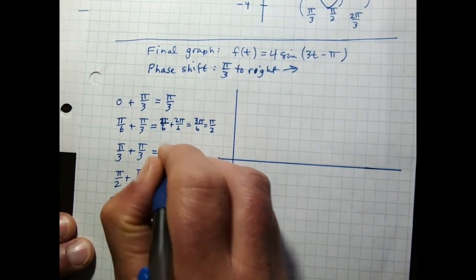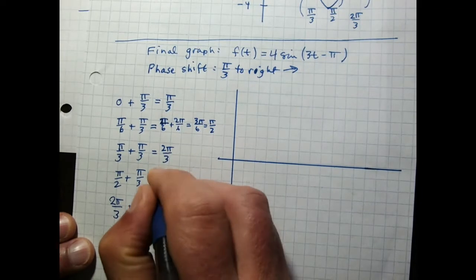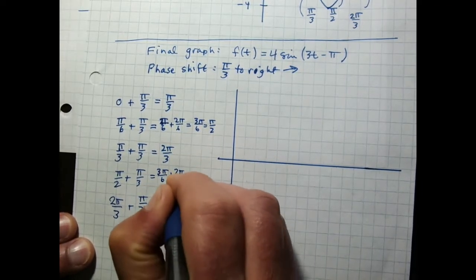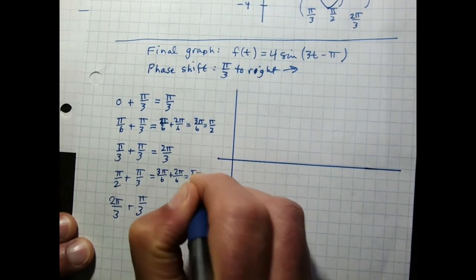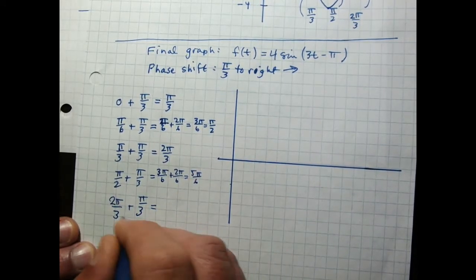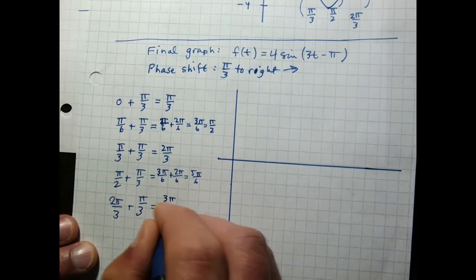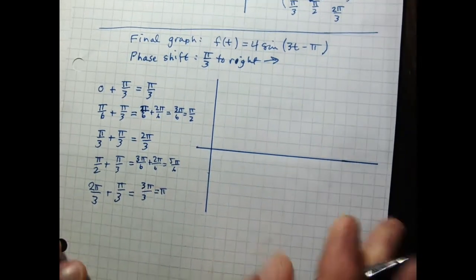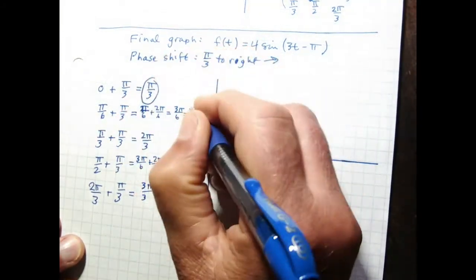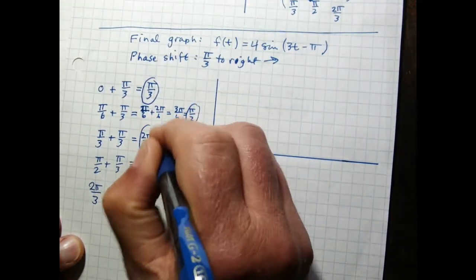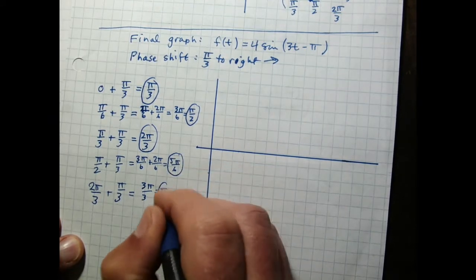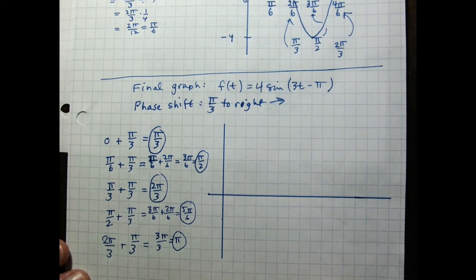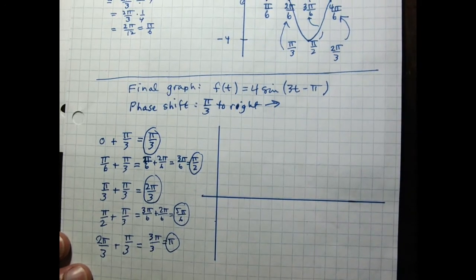Then I get 2 pi over 3. Then I get 3 pi over 6 plus 2 pi over 6 is going to be 5 pi over 6. And 2 pi over 3 plus pi over 3 is 3 pi over 3, or pi. Okay? So these are the values that I need to mark on my horizontal axis to plot the final graph. Those will reflect the shift.